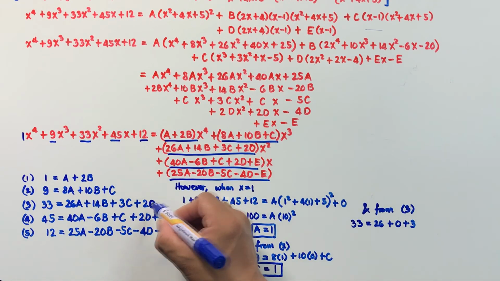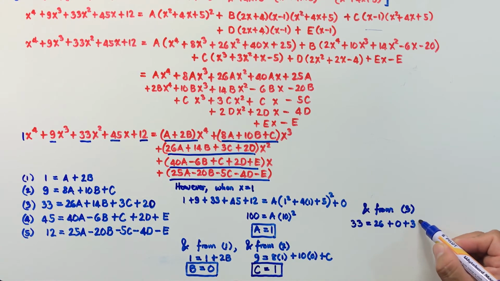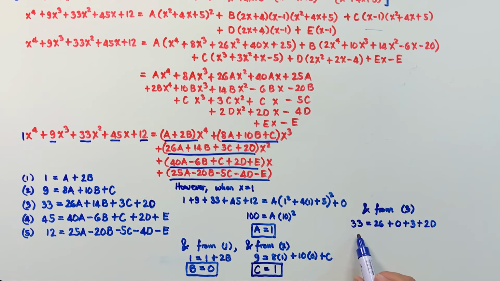We have 33 minus 29, and 33 minus 29 is 4, so 4 is equal to 2d. Therefore, our d is equal to 2. So this is our value of d.